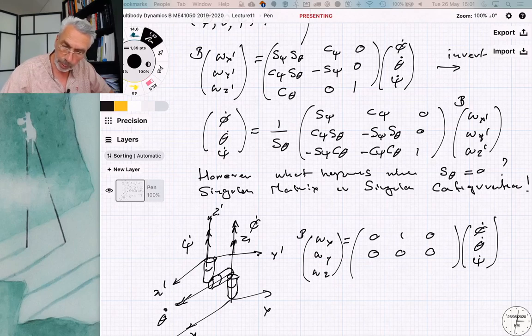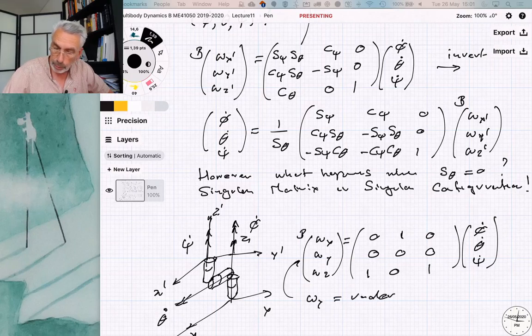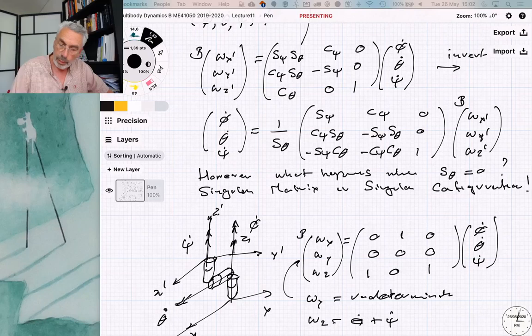That doesn't feel good. And then we have 1, 0, 1. Yeah, we have 3 1s, but we also have a whole row with zeros, meaning that the omega y is undetermined. And in other words, the omega z is just the sum of this theta dot plus psi dot. Yeah, actually it's 0 according to this.